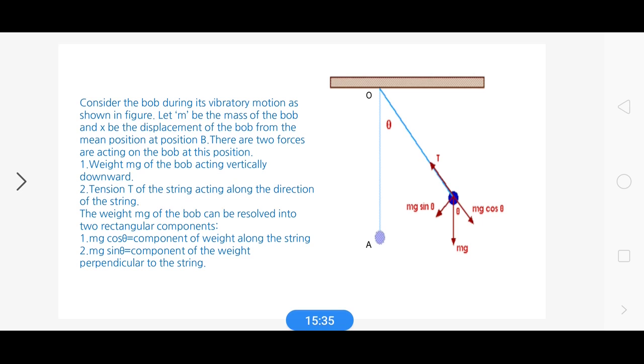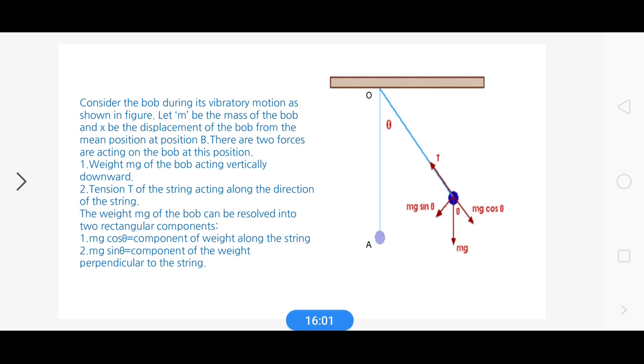Like this, it is making oscillations in the vertical plane. The metallic bob is in oscillatory motion as shown in this figure, and the mass of the bob is small m. We are neglecting the mass of the string or the thread.